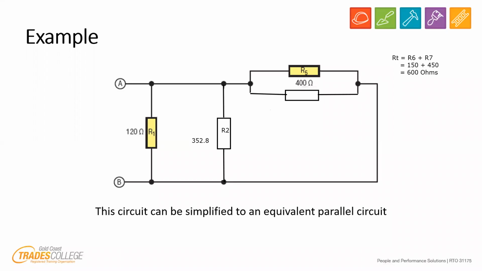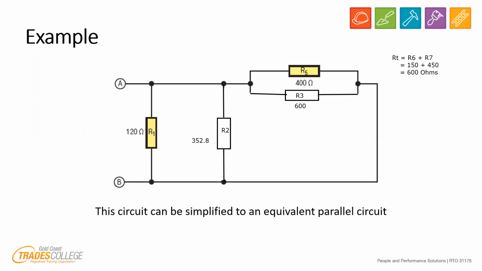And we can write down what we have so far. We've got R1, R2, and R5, so I can call it R3 if I want to. It doesn't really matter, as long as you match what you call your resistors to your maths, then that will be fine.